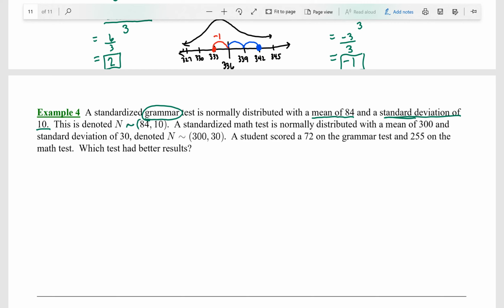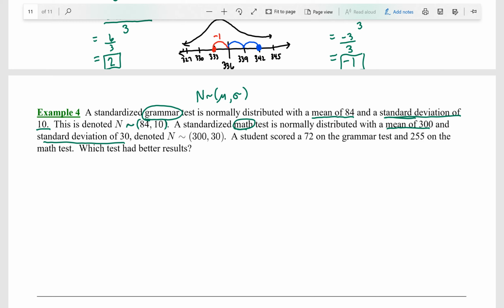And notice the first number here is the mean and the second number is the standard deviation. So if it's normally distributed, we have the mean listed first and the standard deviation listed second. A standardized math test is normally distributed with a mean of 300 and a standard deviation of 30. This is denoted N(300, 30).